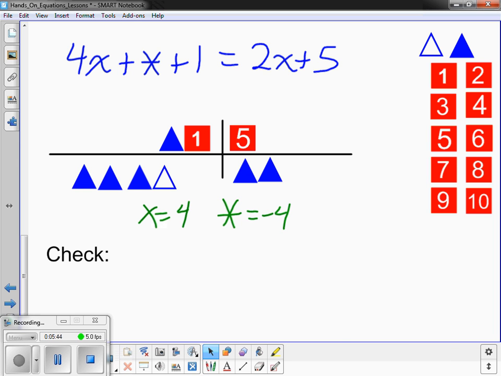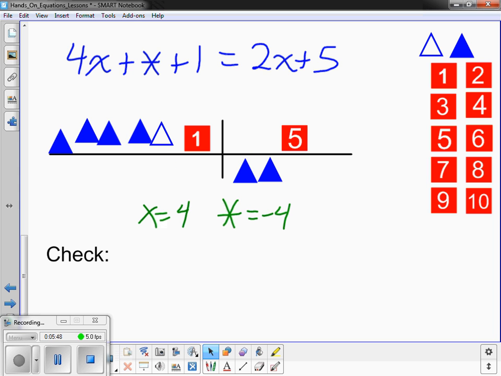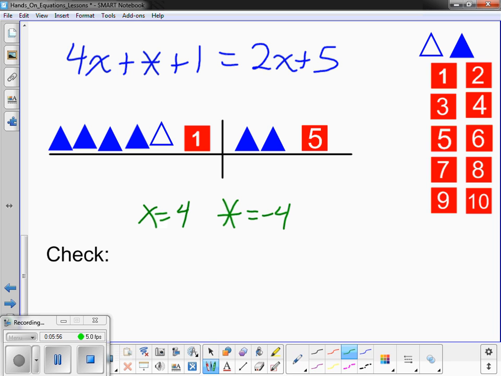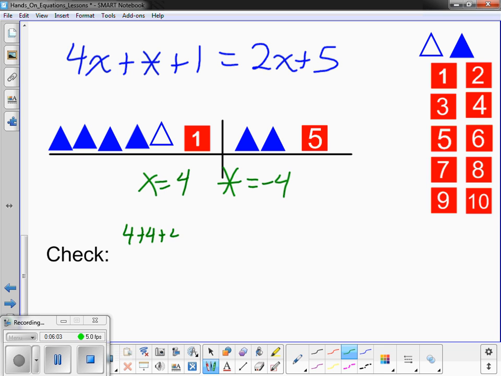Well, now I check it. Let's go back to the original equation. Too many things to move here. Okay, not very clear, is it? Here we go. So I have 4 plus 4 plus 4 plus 4 plus star, negative 4, plus 1.